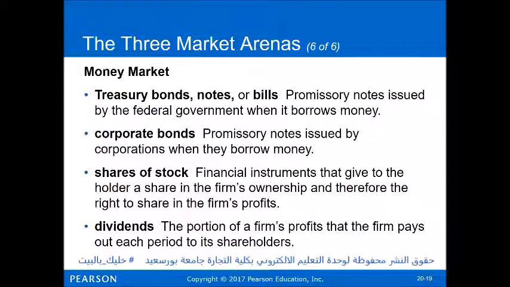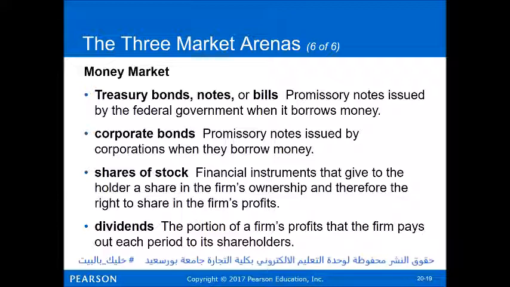But what are the main sources of funds or the key financial instruments that can be used in the money market or the financial market? The answer to this question is that there are three major financial instruments that are bought and sold in the financial or the money market.